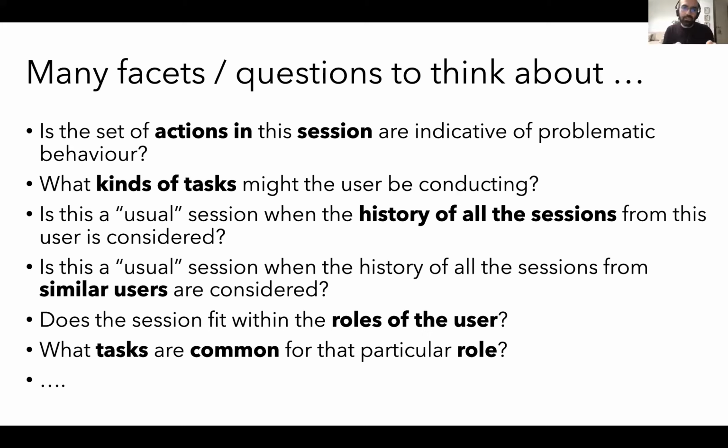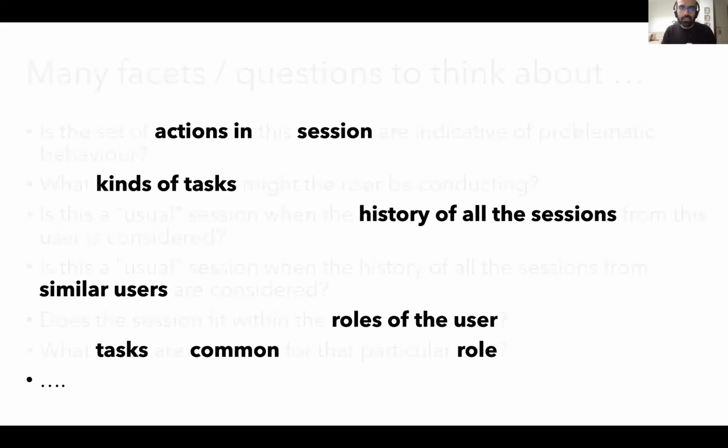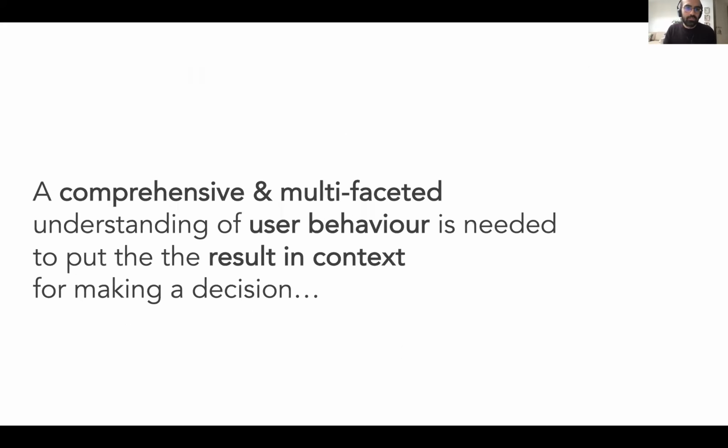Is this a usual session, given what this user has done in the past? Is this a usual session if you think of all the users that have similar roles in the organization? Does this fit the role of the user, or what is common for a user of this role? So there are all these facets to that data that you need to understand. And the score of 0.7 is maybe computationally representing some of this, but it's giving you nothing away of these complexities that went into that number.